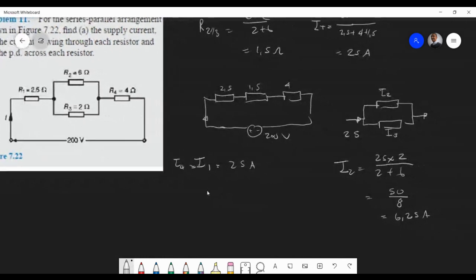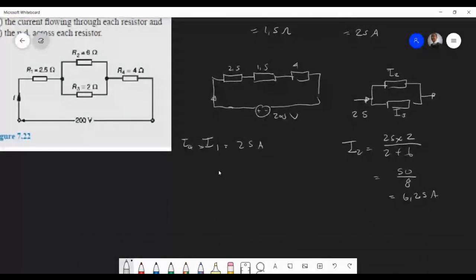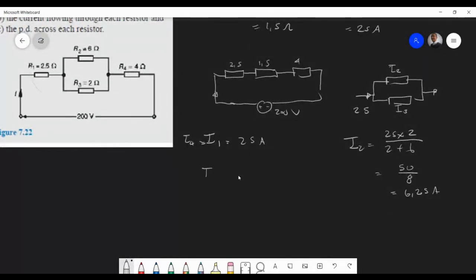So let's have a look at the next one. For us to find I3, it is going to be 25 times the other one. So for I3 we have to times by 6 now, and it's still over 2 plus 6. I hope that's correct here.